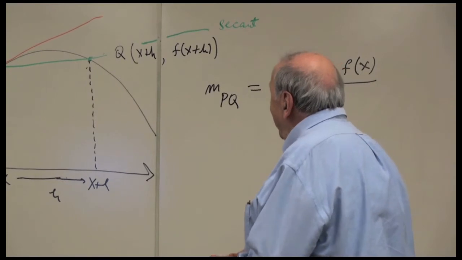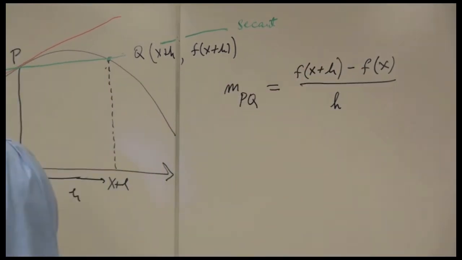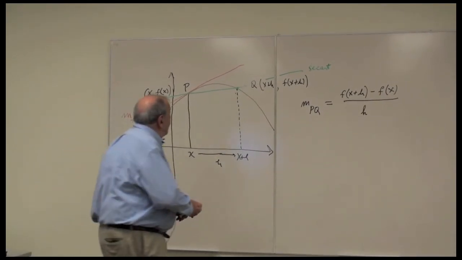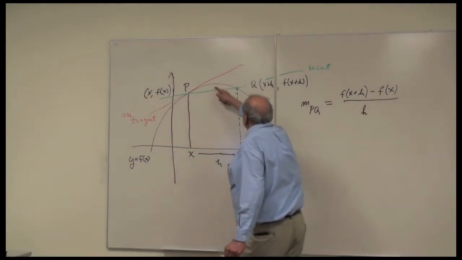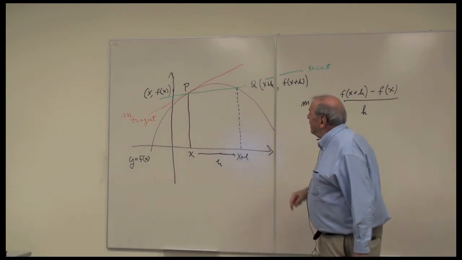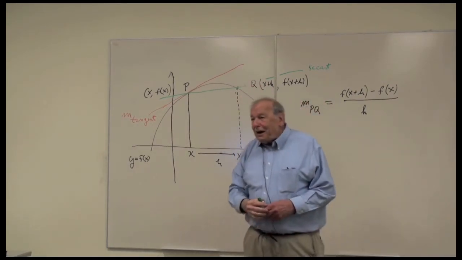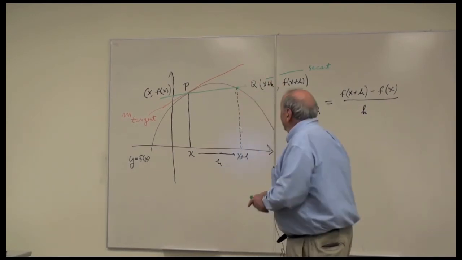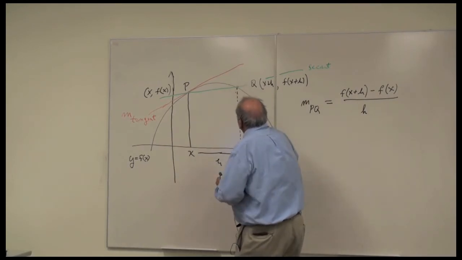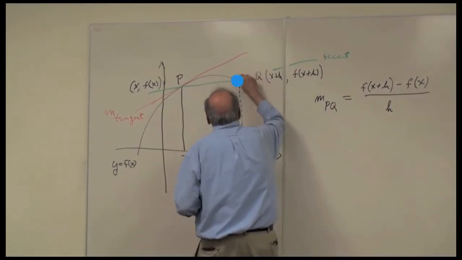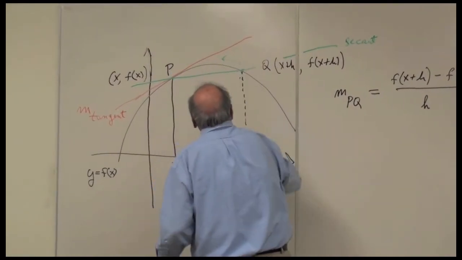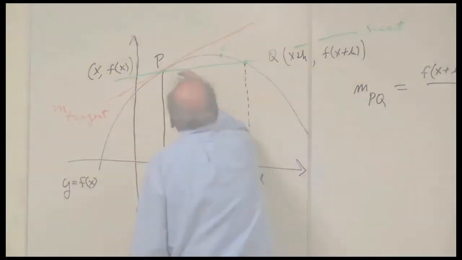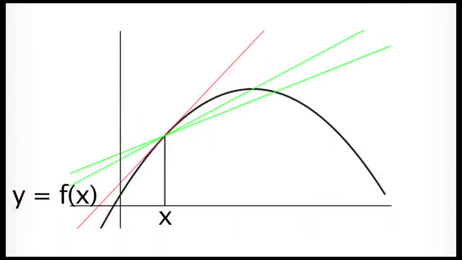And now I'm going to imagine taking this point Q. Think of this as a wire, the function itself. Think of this as a little bead on that wire, like they have in pool rooms, where you keep score. And I'm going to take this little bead and move it towards P. So the next time I look at it, maybe it'll be here, and now it'll look like that.